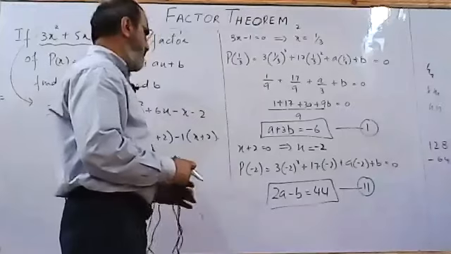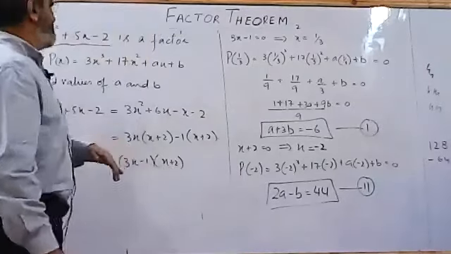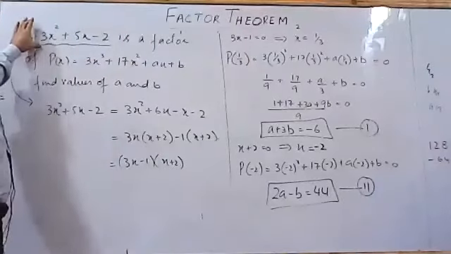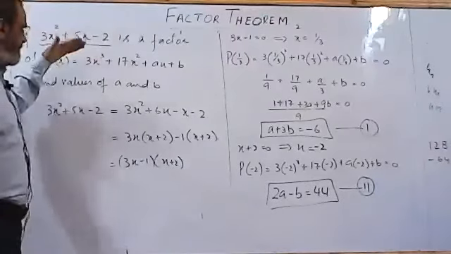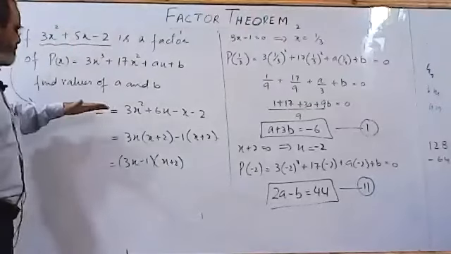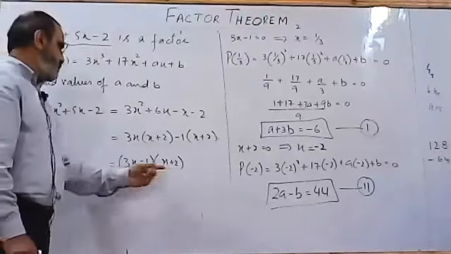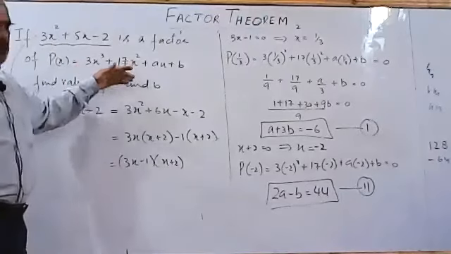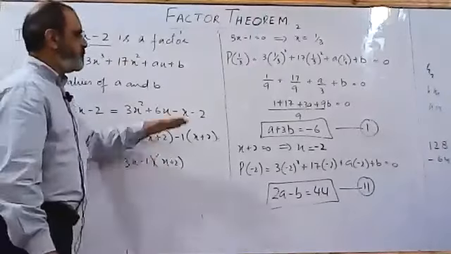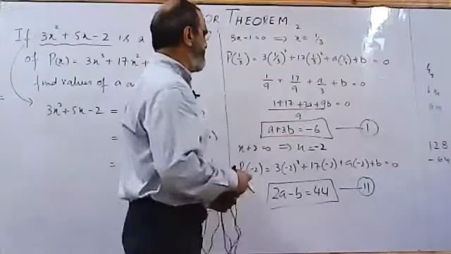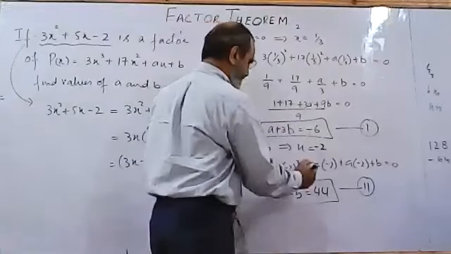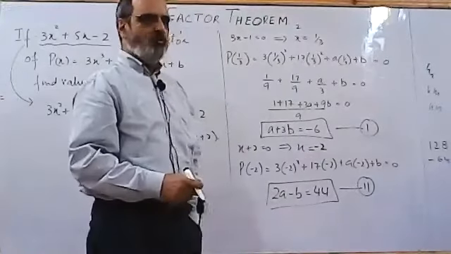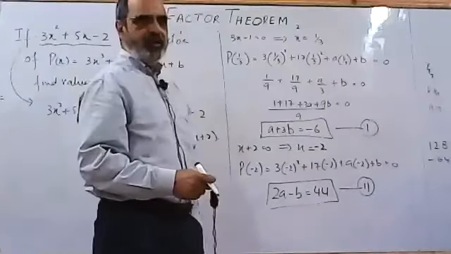I'm not going to go into that detail, but the technique that I have used is I have factorized the quadratic factor because the given factor is quadratic, so I have to factorize it. These two factors are still the factors of P(x). So I have used these two factors to get two equations in terms of a and b, and then solving them simultaneously, we can obtain the values of a and b.